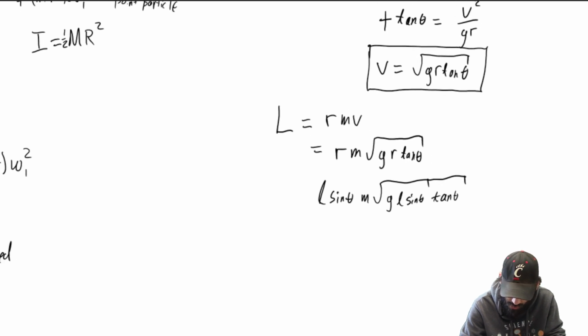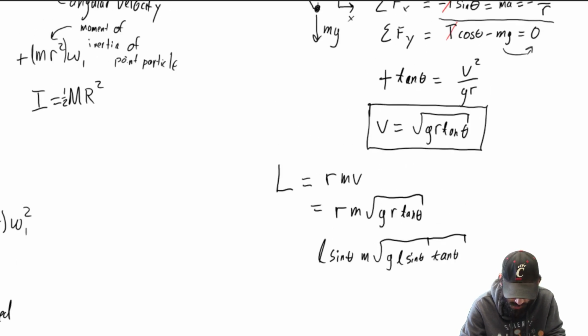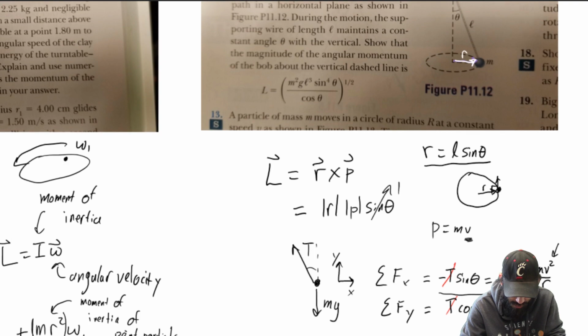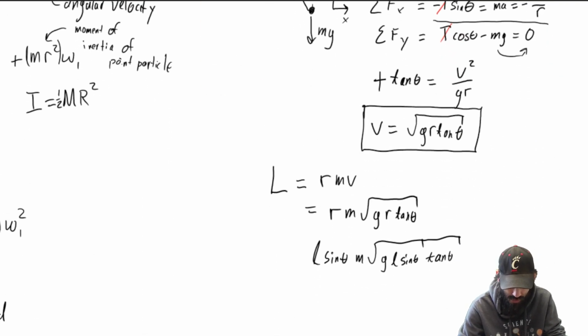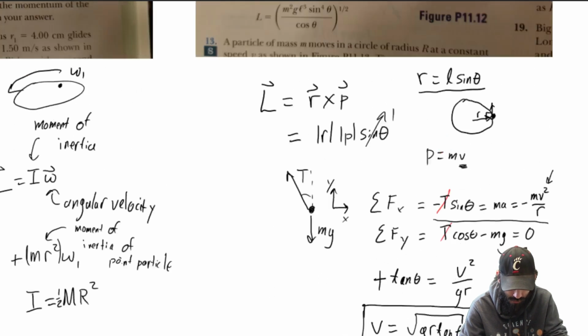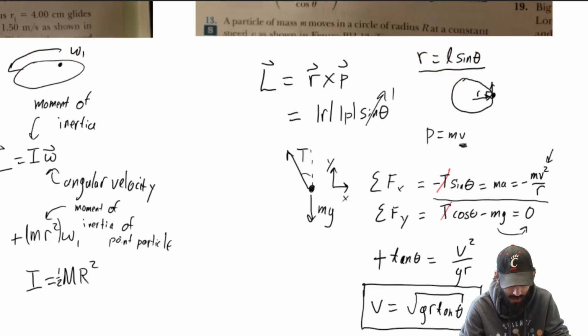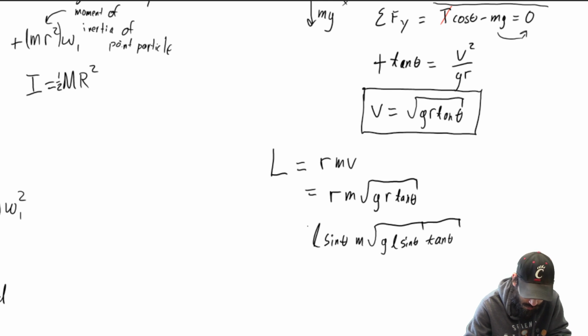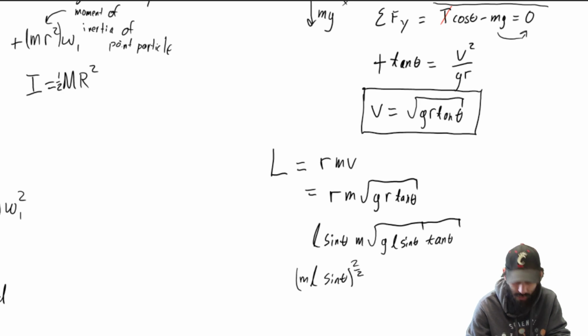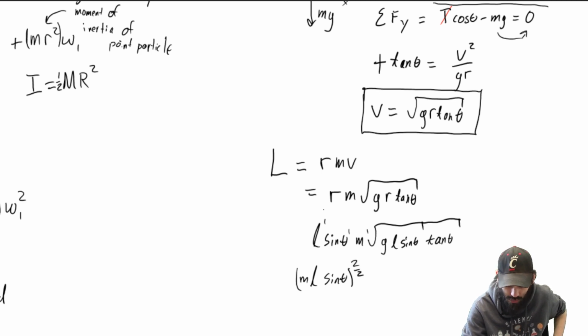So what we can do with this to get it in the form that they have here is bring this on the inside of the square root. Do they leave the m on the inside? No, they bring the m on the inside too. So really, one way to write this would be L sine of theta times m to the 2 over 2, because implicitly these are all raised to the 1 power, and 2 divided by 2 is 1.